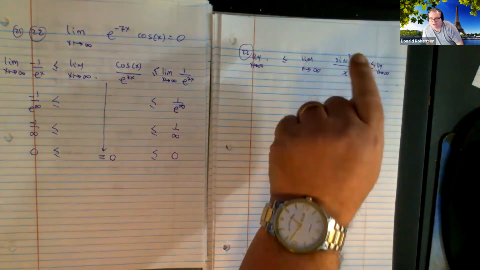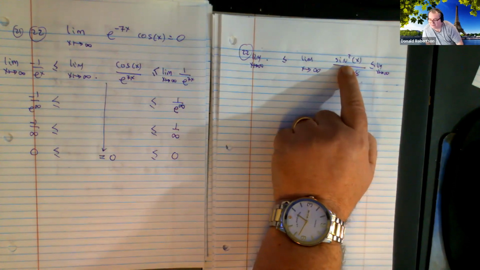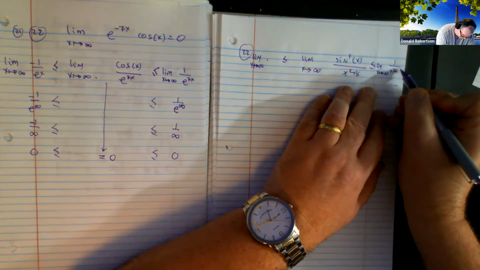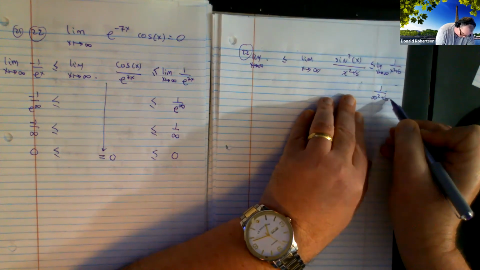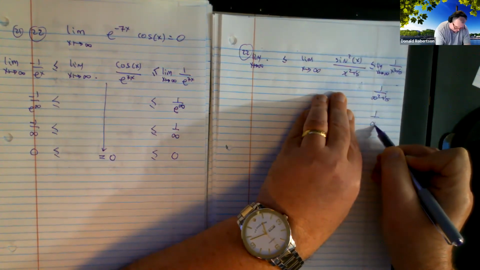Would you agree that sine squared x, the biggest number it can ever be, is 1 again? So this guy becomes 1 over x squared plus 8. And if you make x go infinite, you get 1 over infinity squared plus 8. That's 1 over infinity, and you get the answer 0.